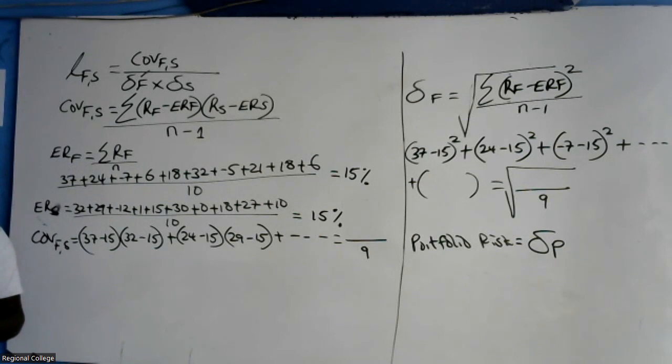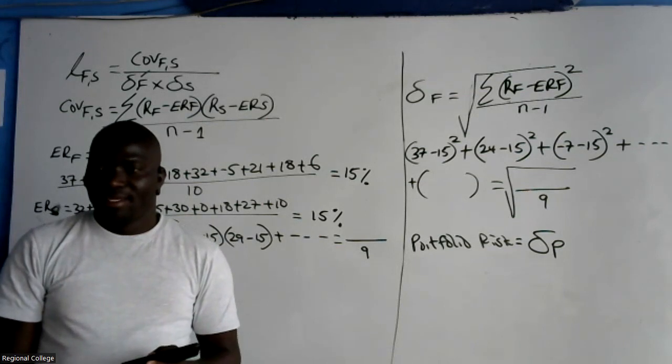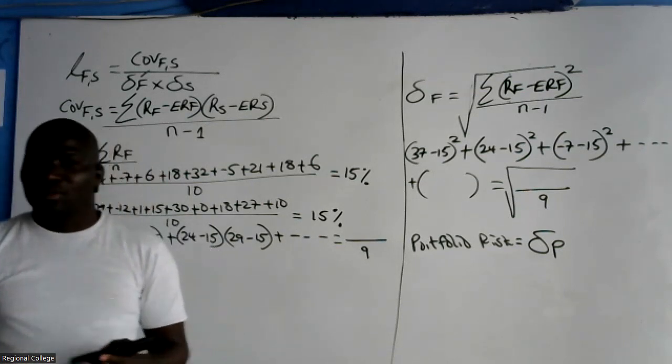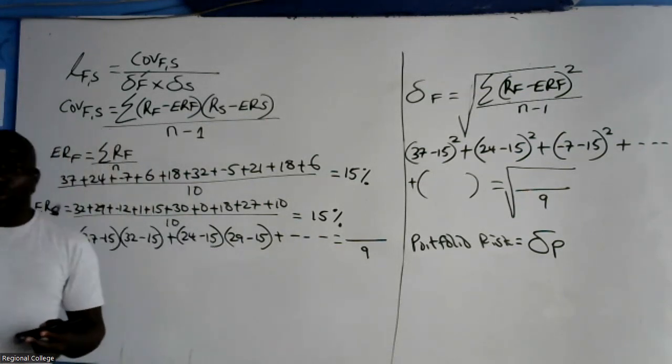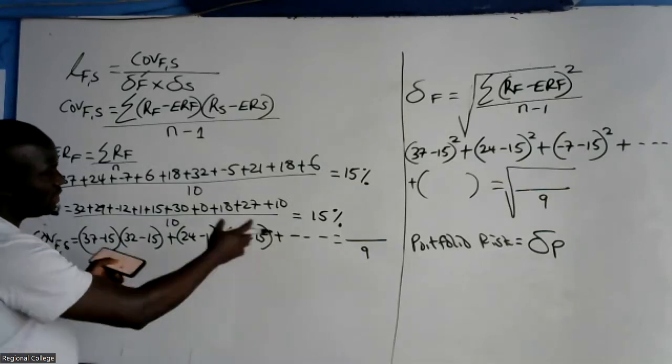Assume, you've not told us any assumption, so we assume equal weightings: 0.5 and 0.5.